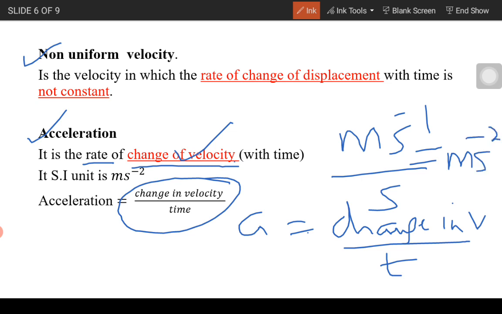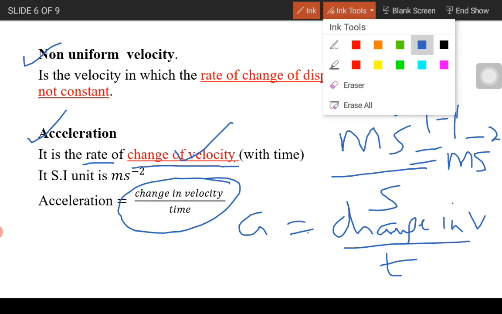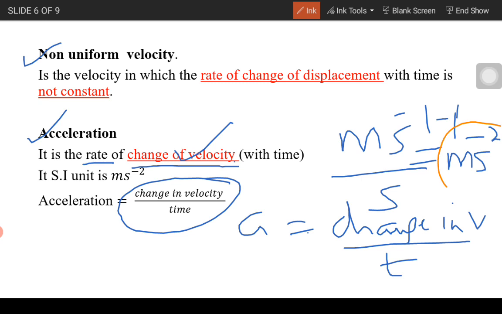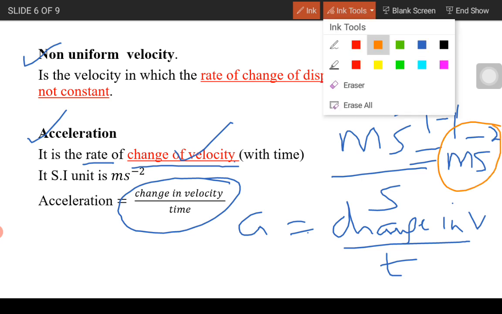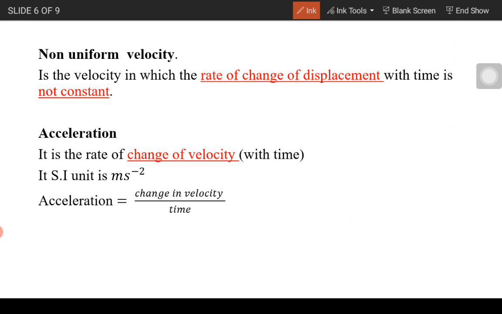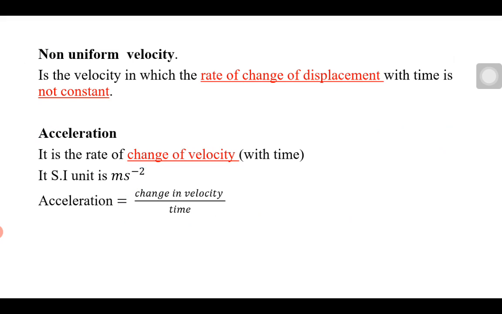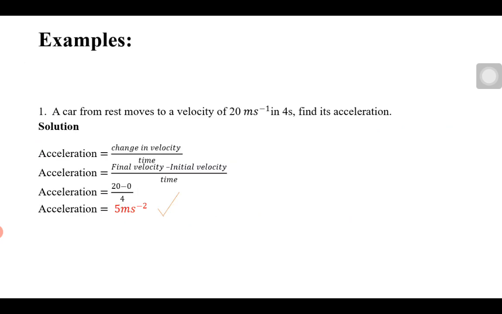This negative 1, when this s goes up using the laws of indices, goes up there. So negative 1 minus 1 is negative 2, and eventually we end up with negative 2. So that is our unit of acceleration. Let's go to the next slide.